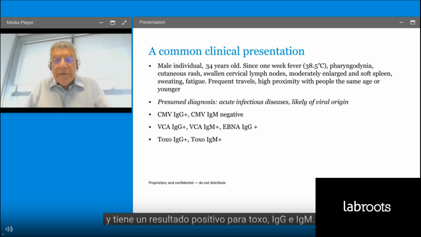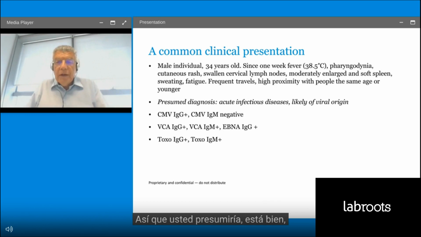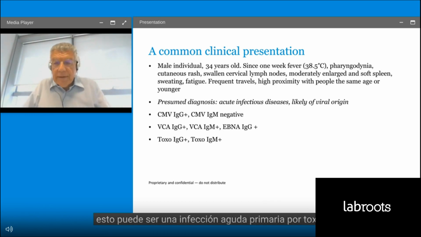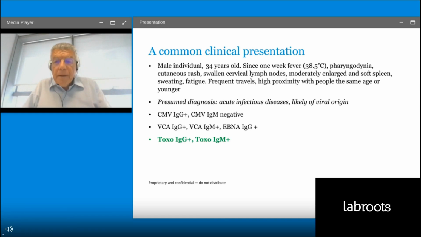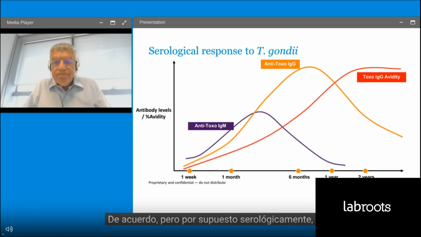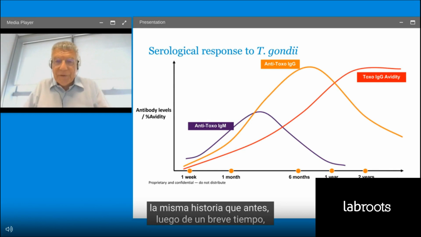And you have a positive result for toxo, IgG and IgM. So you would presume, okay, this may be a primary acute toxo infection. This may be. But, of course, serologically, it makes sense, because even during an acute infection by Toxoplasma gondii, you have the positive IgM that then wanes down but may last up to 1 year and will appear again during reactivation, same story as before.